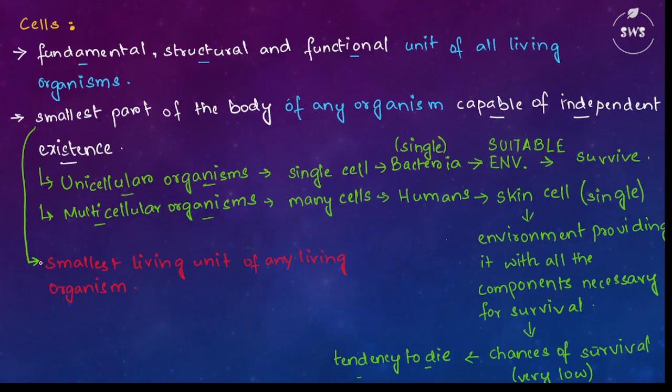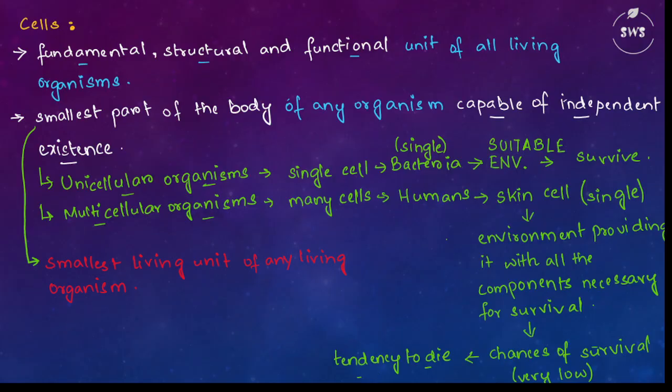The vacuole has to be present inside the particular cell, and it has to have its other partners or other cellular organelles for carrying out its function. Understood? So we can say that the cell is the smallest living unit of any living organism.